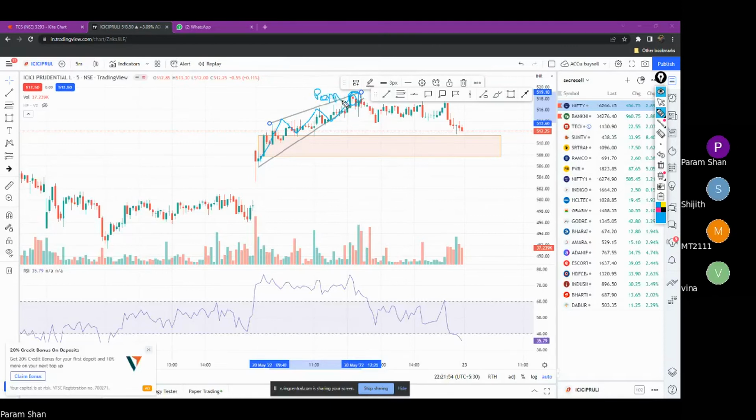It can be this triangle, or it can come in this way or that way, any form. All these edges are called pennants. When the pennant is losing strength, it is highly possible to break down.